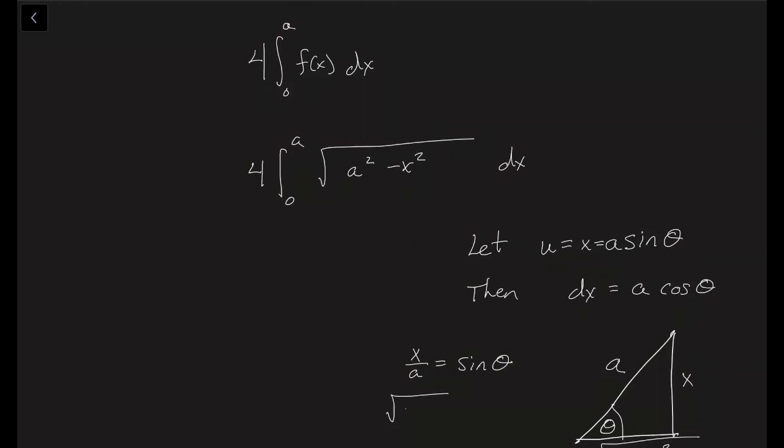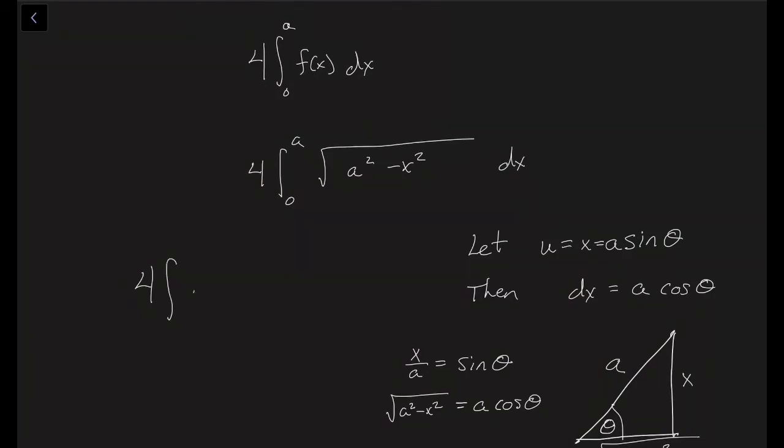And so the square root of a squared minus x squared is going to be a cosine of theta, because cosine is adjacent over hypotenuse, so cosine is the square root over a, and we'll move the a over.